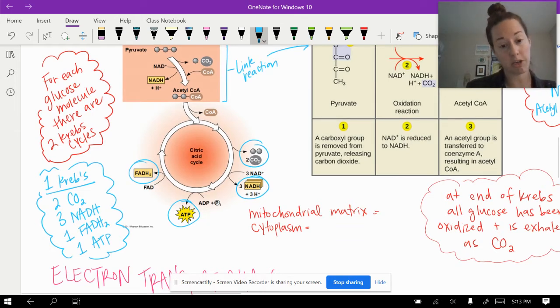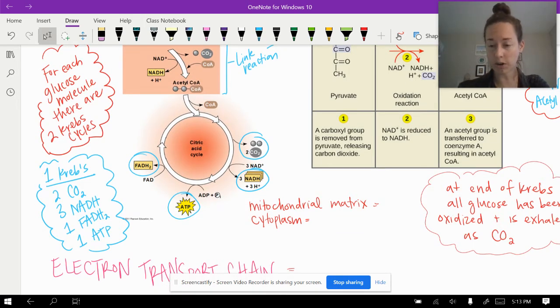Now, something that's really important, which I've written in this red bubble above, is that for each glucose molecule, you have to do the Krebs cycle 2 times, because the Krebs cycle starts with one acetyl-CoA. And one acetyl-CoA used to be one pyruvate. And one pyruvate used to be one half of glucose. So if you want to break down an entire glucose molecule, you have to complete this entire thing 2 times.